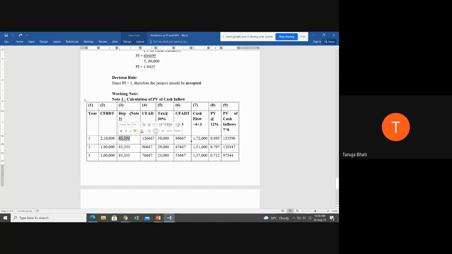Can anyone give me the answer? Yes, because depreciation is a non-cash item. Correct. And we want to know only the cash flows.